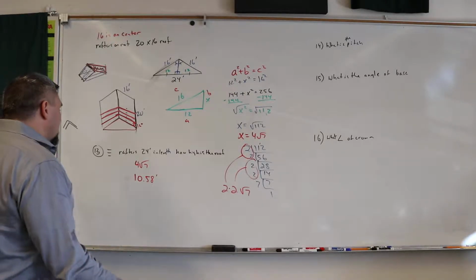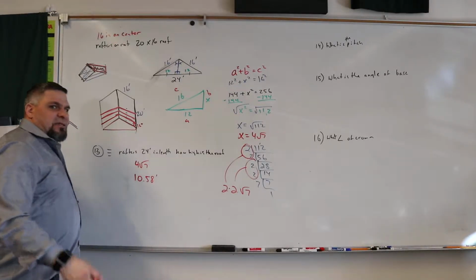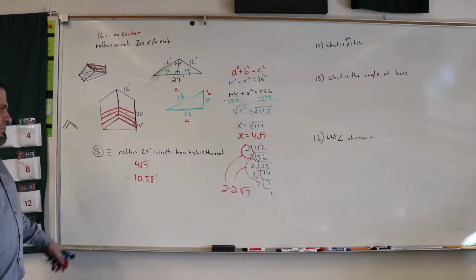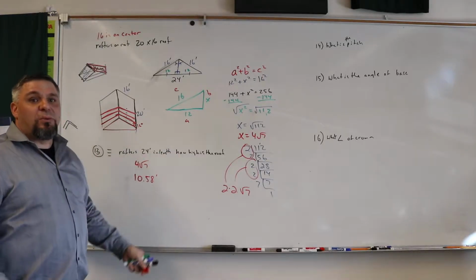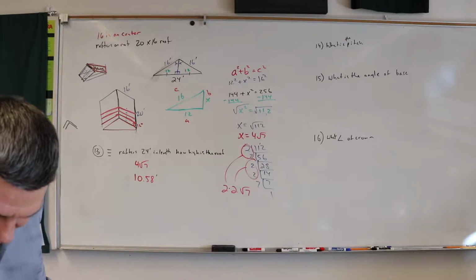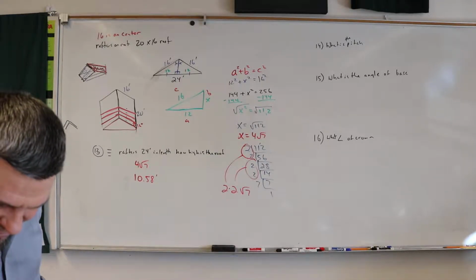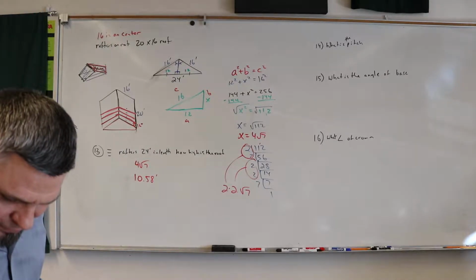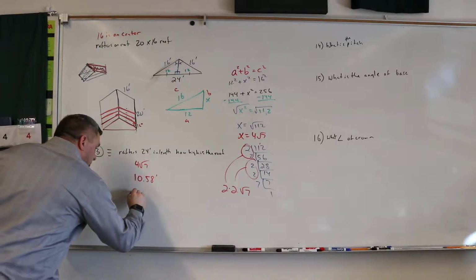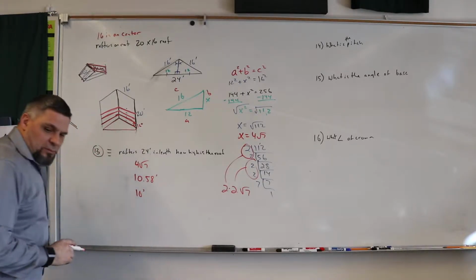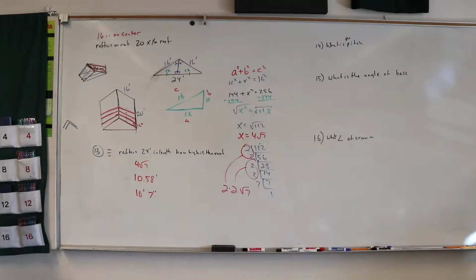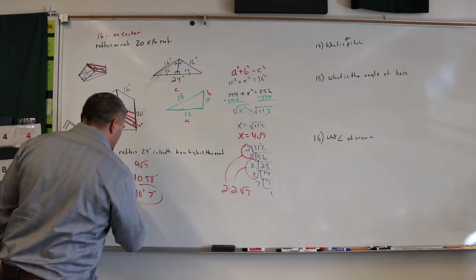So, depends on what they want. Do they want it in feet and inches? Then you have to subtract 10, and then times that by 12. And you would get 6.999, which is 10 feet, 7 inches. Perfect.